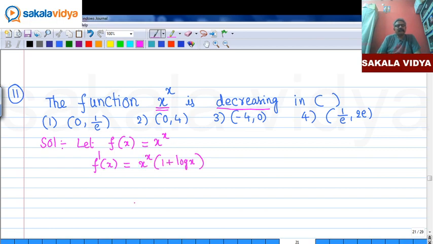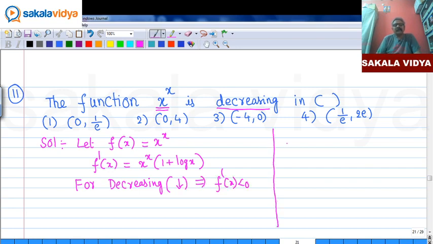So, that means for decreasing, so far we have solved increasing, for decreasing now. For decreasing, f dash x must be less than 0. That is why x to the power of x into 1 plus log x must be less than 0.